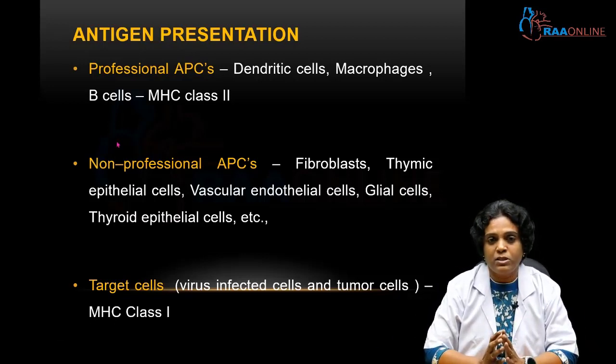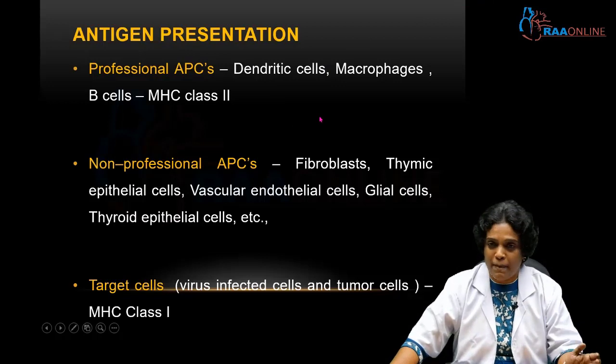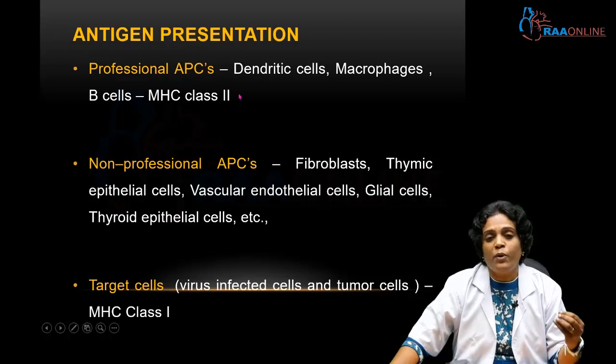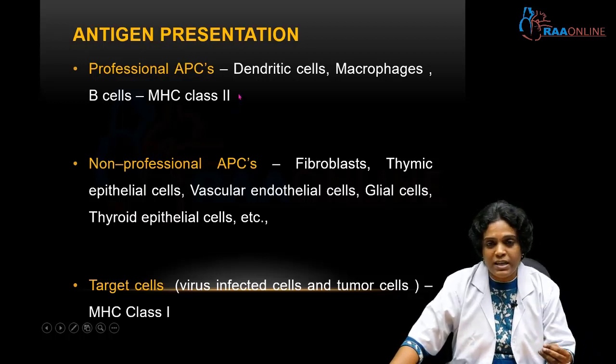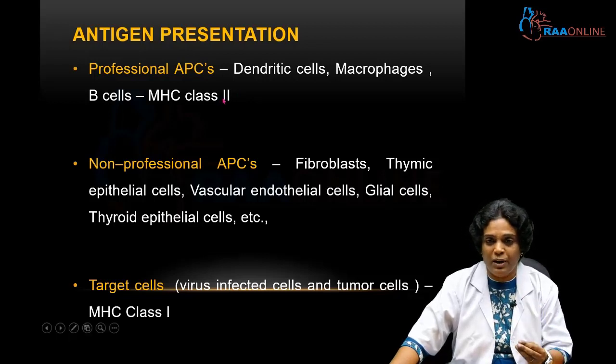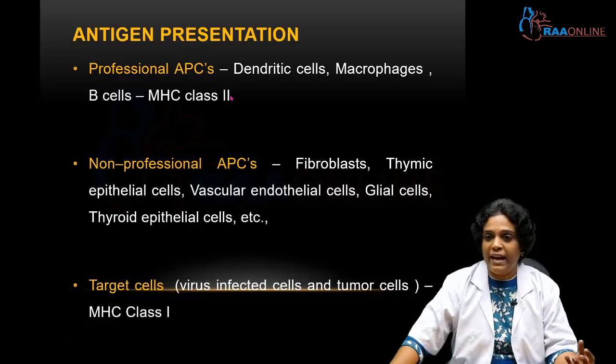Some APCs are called the professional APCs, which include the dendritic cells, the macrophages and the B cells. They harbor MHC class II molecule. When the antigen is processed and the antigenic peptide is presented along with class II molecule, then the helper T cell can recognize it, and they in turn can activate a B cell or a cytotoxic T cell.